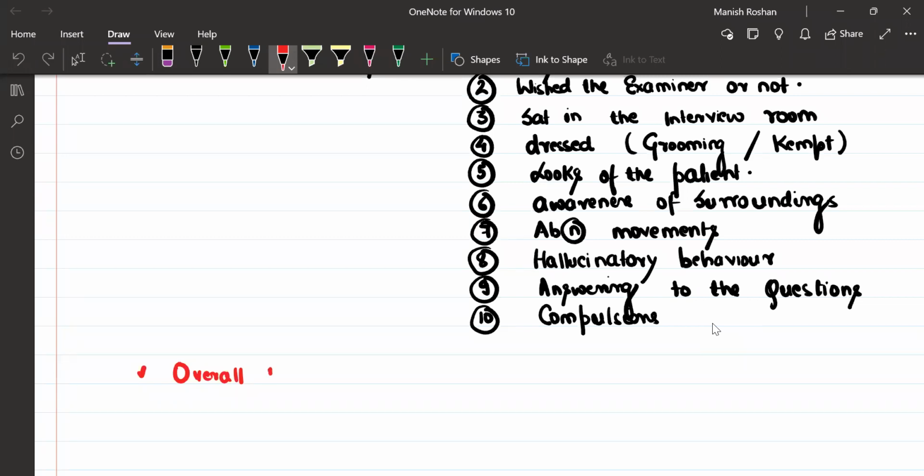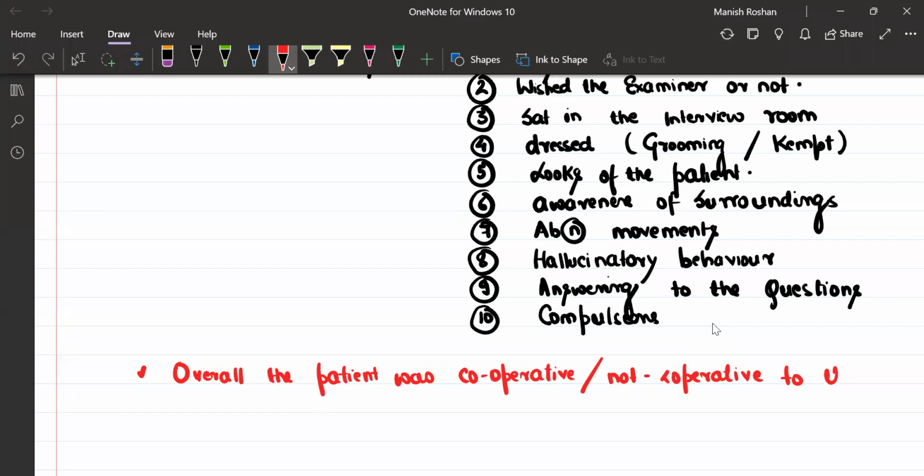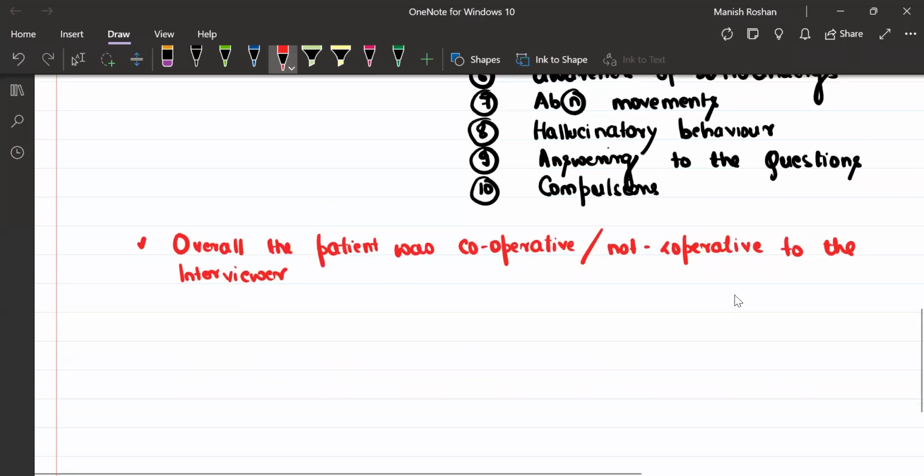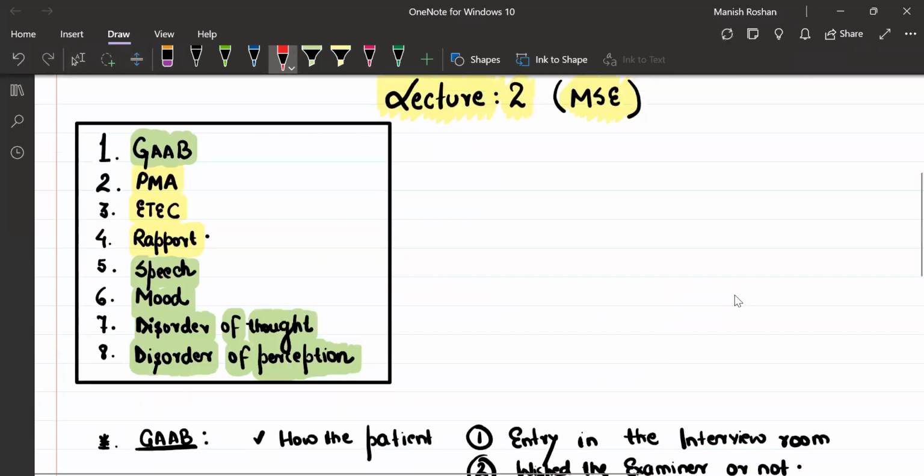So overall, the patient was cooperative or not cooperative to the interviewer. Once we are done with the general appearance and behavior, this part is over.